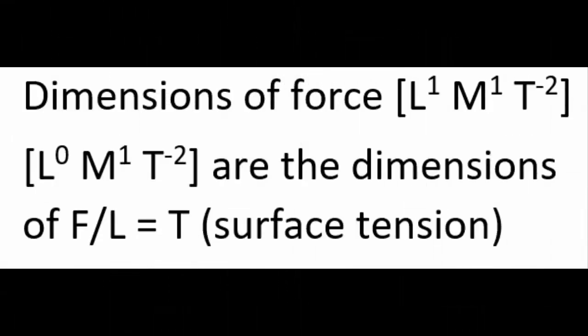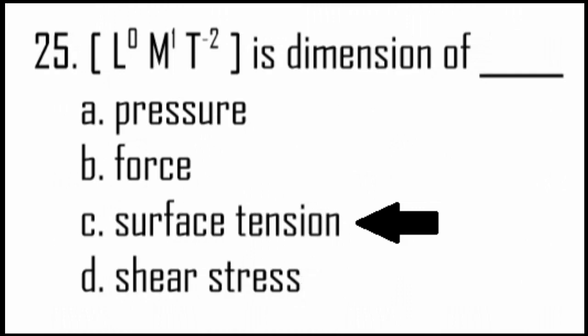Now coming on to the question. We know that dimension of force is L1 M1 T minus 2. Hence, the given dimension, that is L0 M1 T minus 2, is the dimension of force upon length, and force upon length is the formula for surface tension.